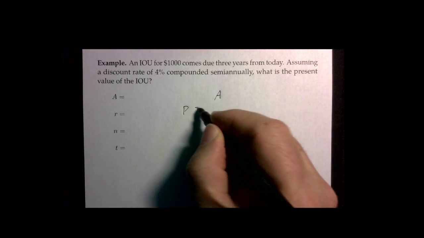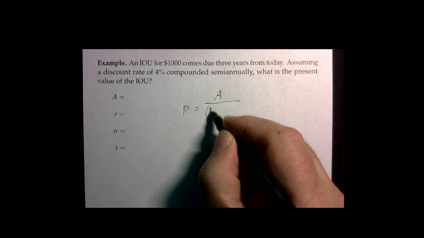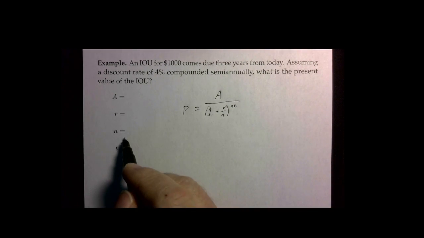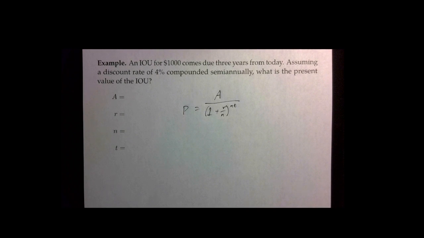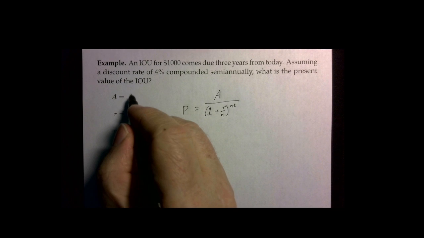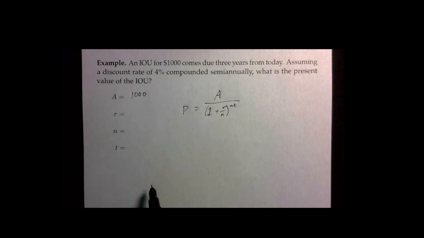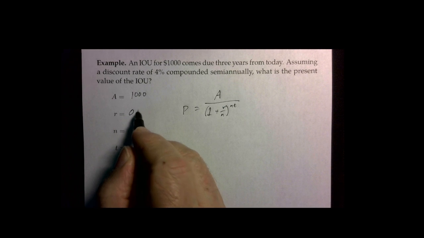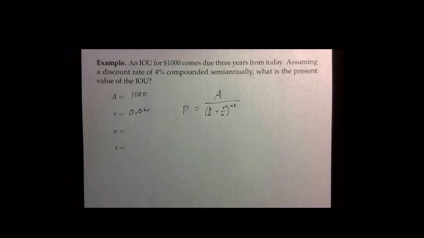The present value is going to be A over 1 plus R over N, to the NT. So we need to find A, R, N, and T. Well, A is the amount that will be due, and that's 1,000. R is the discount rate, and that's 4% as a decimal, 0.04.